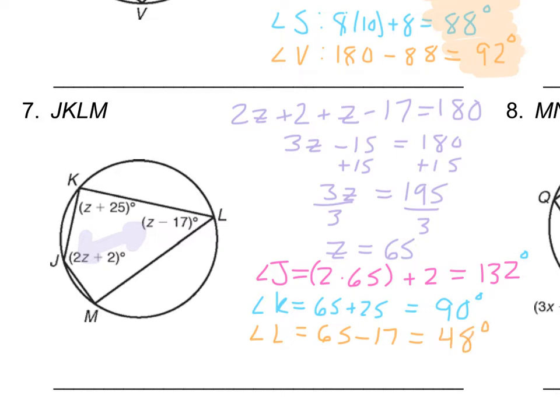And then last, we don't have anything for angle M, but we do know that K and M are supplementary. And if K is 90, we're going to do 180 minus 90, and that leaves us with 90 degrees for angle M.